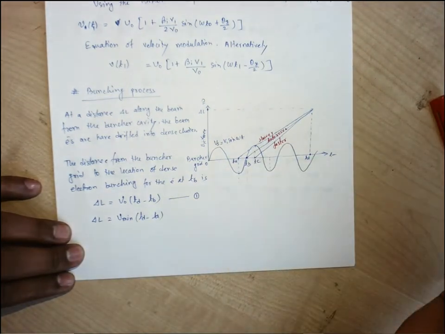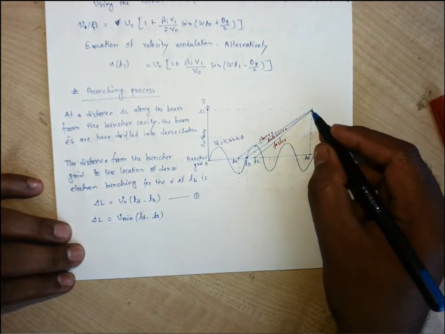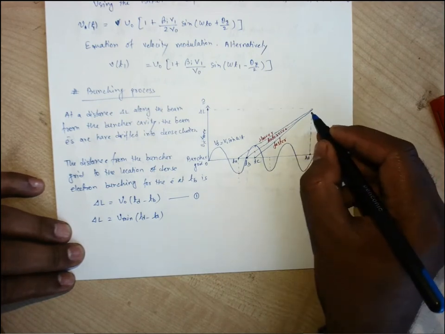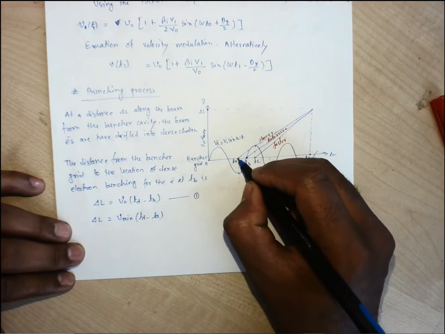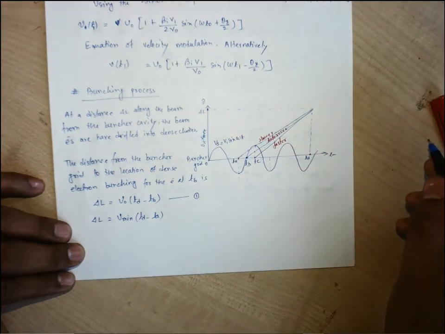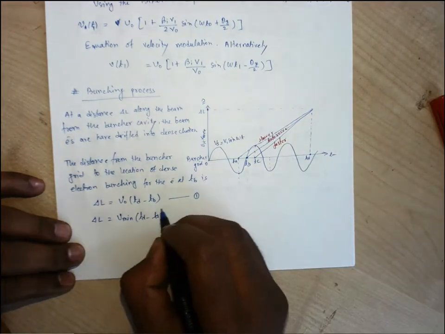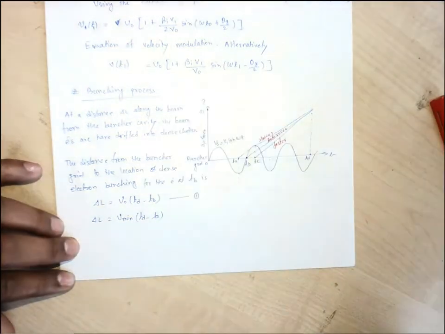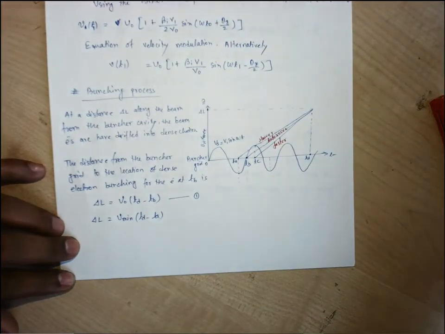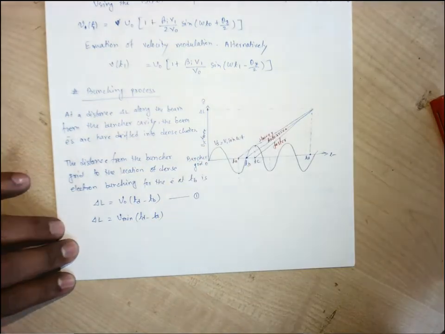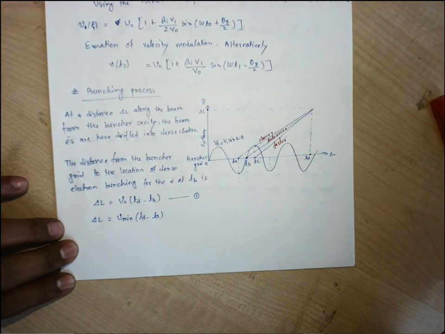To reach this location, Td time is required; at Td time all of them will come to that bunching location. So for this slower electron, the velocity will be the minimum and it takes Td minus Ta time. That is the distance, because all of them cover the same distance. One has faster velocity, one has reference velocity, one has slower velocity, but all of them come to the same location, the del L distance.